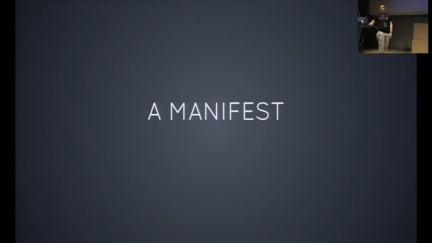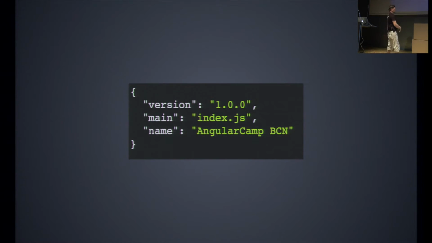Second, a manifest. That manifest is pretty simple and well known. It's actually the package.json format that we all know from Node.js or from NPM. So these three properties are mandatory. Everything else is optional. So nothing more than these three lines of code.